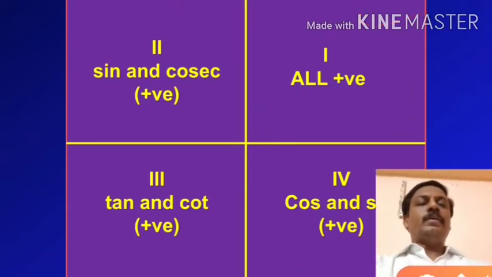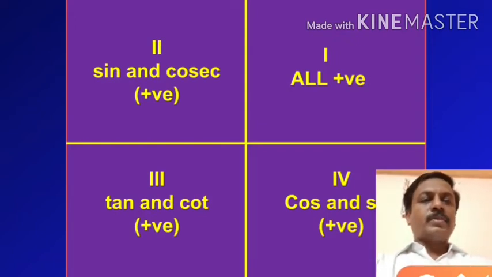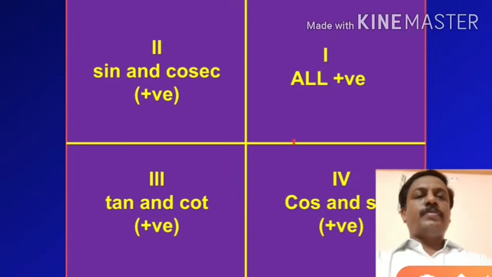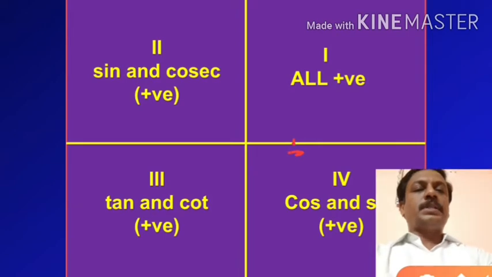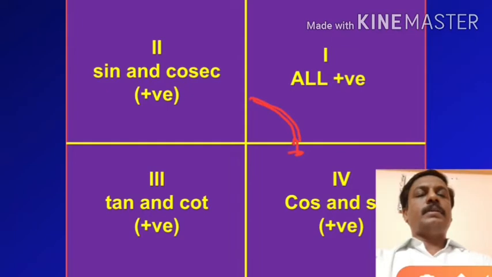In the first quadrant, if we measure the angle, we start the measurement of angle from this x-axis, and we always measure the angle in anti-clockwise direction.